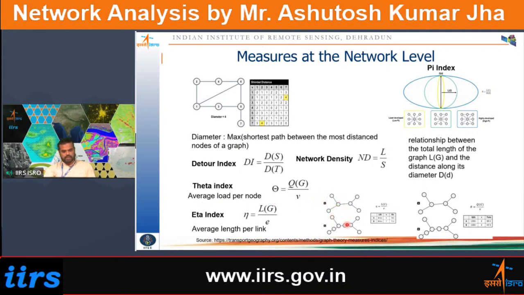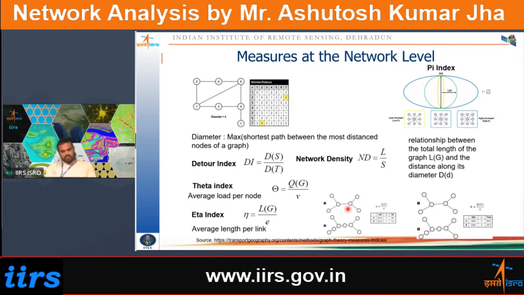Then there is the eta index. The eta index is another metric which takes all the path lengths and the number of edges. That's basically the average length between any two nodes. So you take all the distances, sum them up, and see the total number of distances.